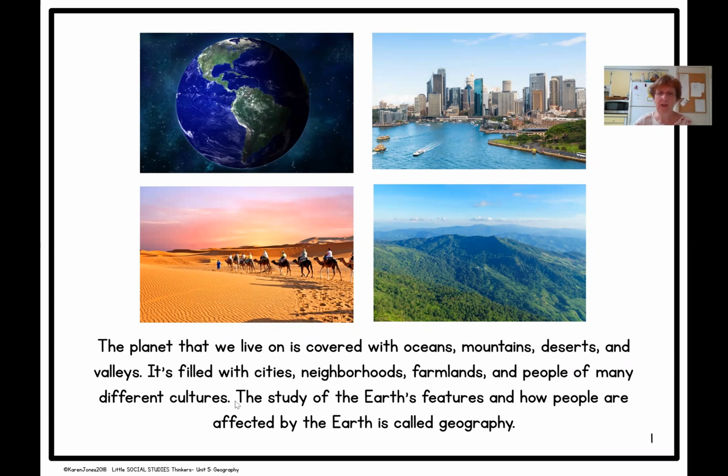I think we found the answer for her. Geography is the study of the Earth's features and how people are affected by the Earth. So there's your definition for geography. See how I went back in the text to find out that information. Okay, let's see if we can move on.